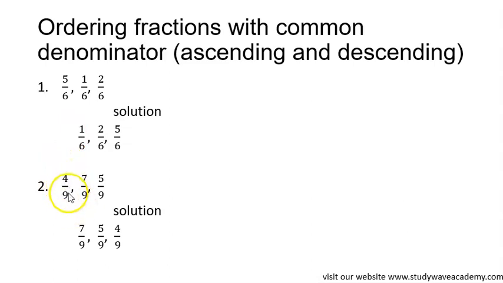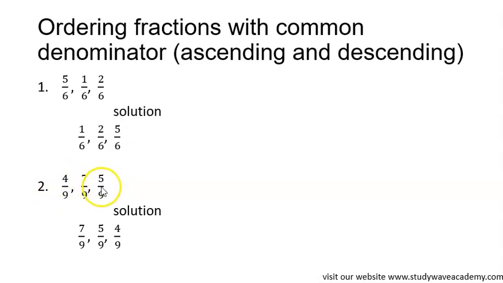Now let's look at another example. We have 4 over 9, 7 over 9, and 5 over 9. So what are the arrangements? We're going to be arranging this in descending order, okay? The denominators are the same, so we're going to be looking at the numerators. We have 4, 7, 5.